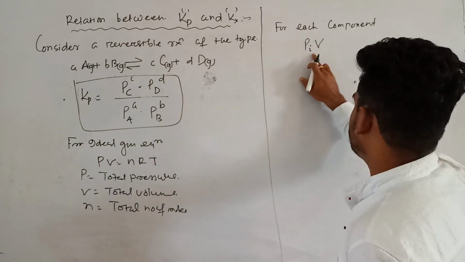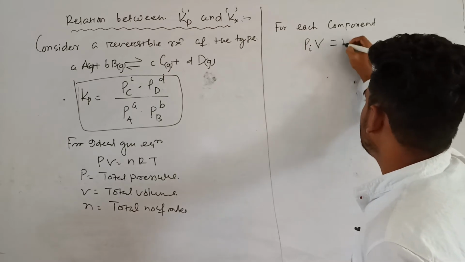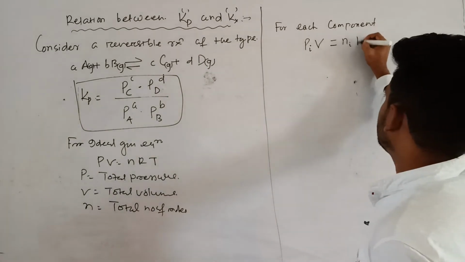So partial pressure into total volume V is equal to the number of moles of each component, that is Ni, times RT.